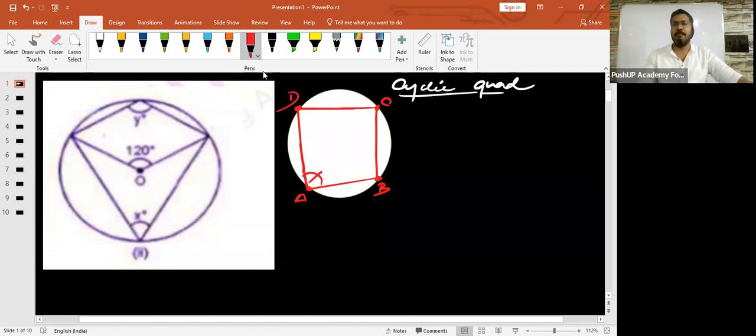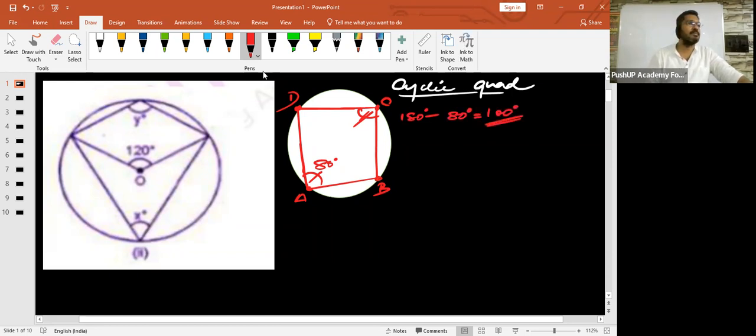Imagine angle A is equal to 80 degrees. Which is the opposite angle to angle A? It is angle C. So if I ask you, what would be angle C? It would be 180 degrees minus 80 degrees, which is equal to 100 degrees. Remember this.